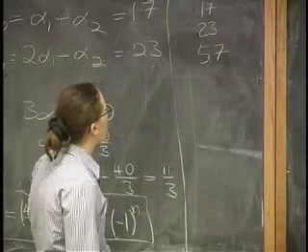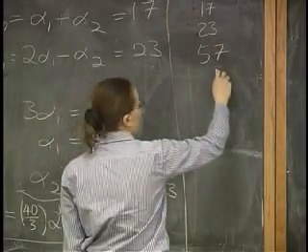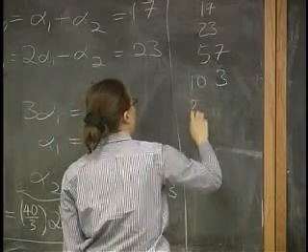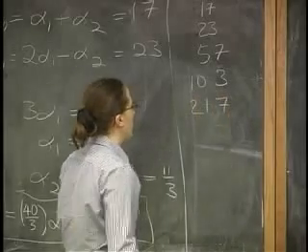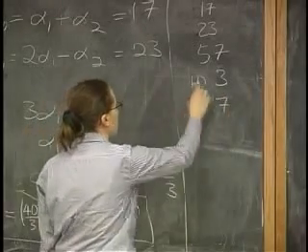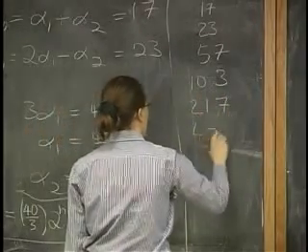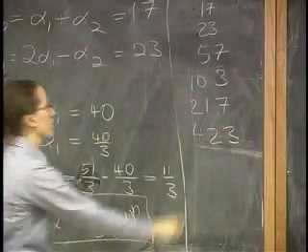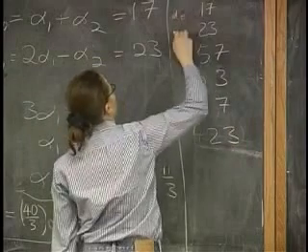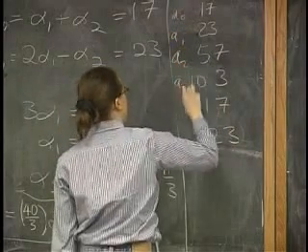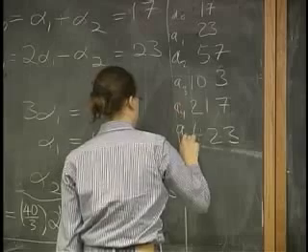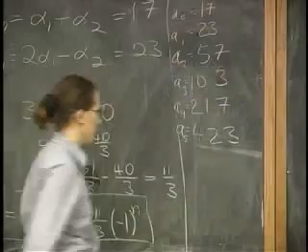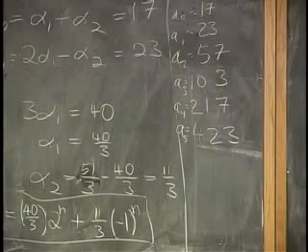Then 46 plus that, and then 114, so that's 217, 206, 423. I don't want to go any further, so let's check this one. This is A0, A1, A2, A3, A4, A5. So A5 is supposed to be 423.